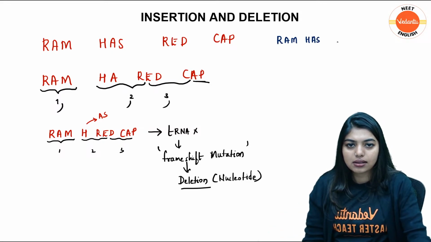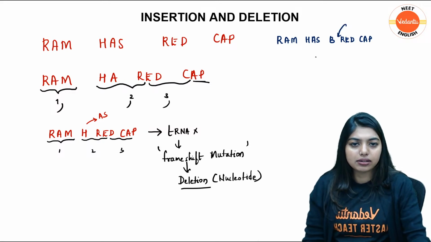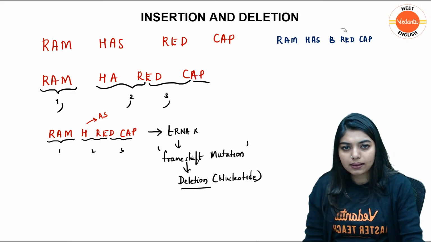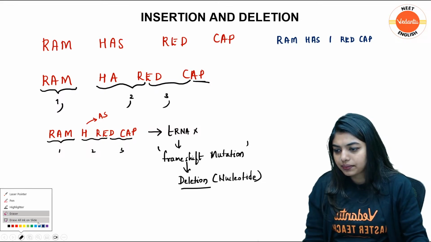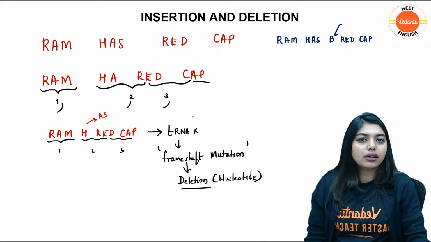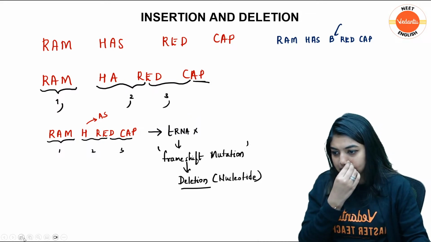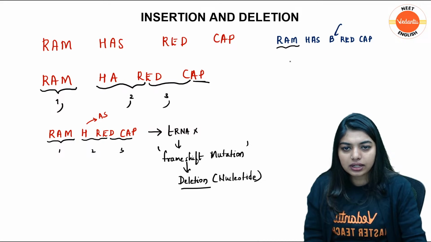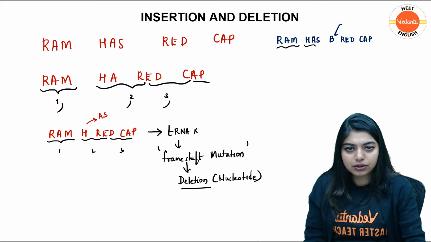Now imagine at the same time I'm writing Ram has B red cap. I inserted a B here, right? Now what has happened? 1, tRNA will start reading. 2, 3, 4.